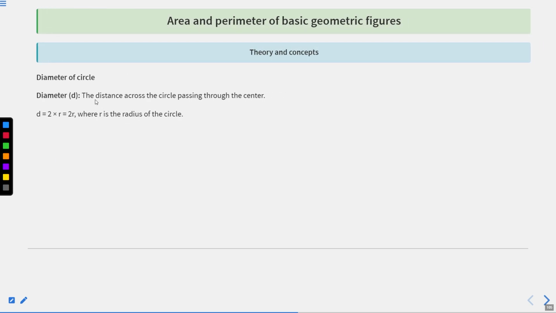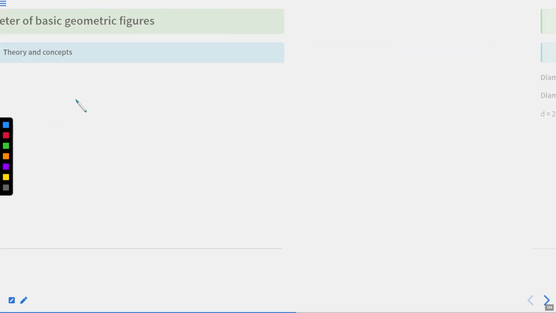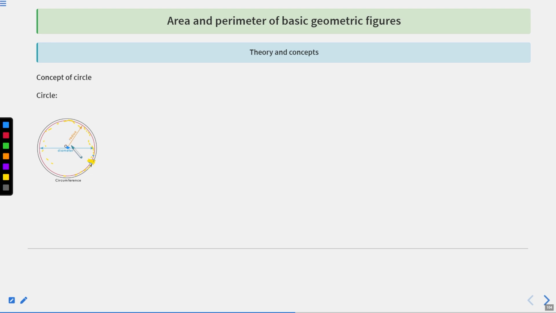So the diameter d is the distance across the circle passing through the center. So d is 2r, where r represents the radius of the circle. This can also be clearly seen from the figure, because from the center point to this point, this length is radius. From the center point to this point, this length is again radius.